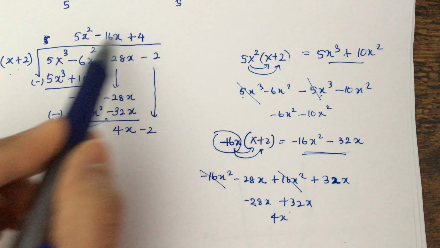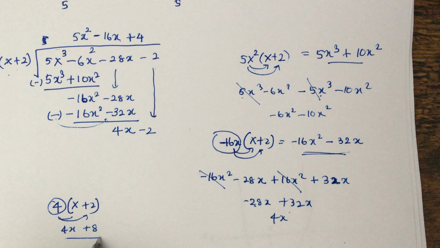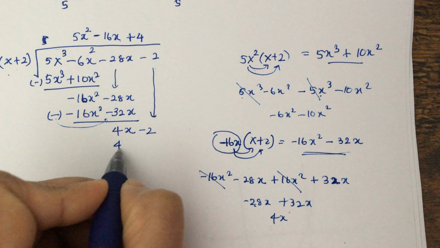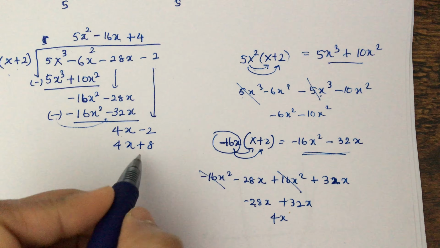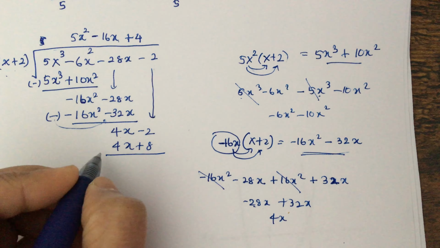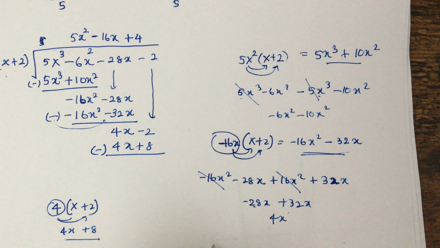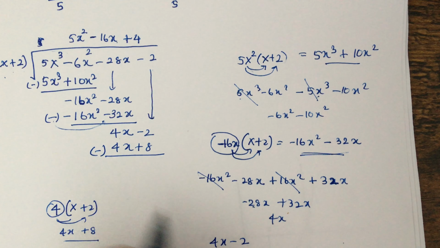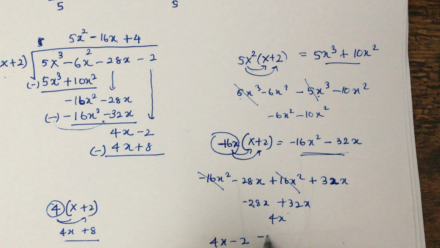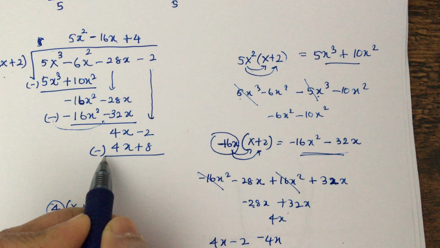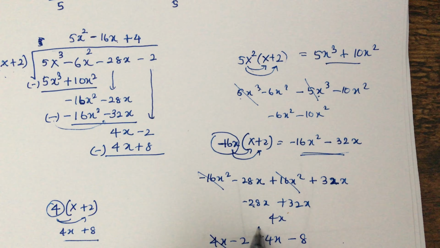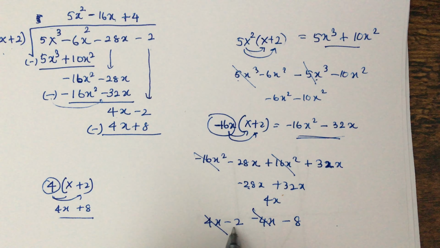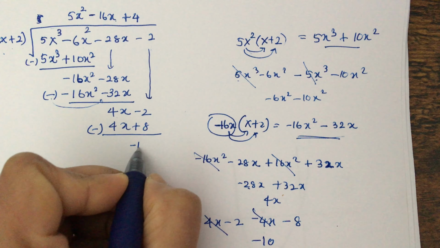So 4 times x plus 2 gives you 4x plus 8. So you are going to write 4x plus 8 over here. And again do the subtraction. Subtract 4x minus 2, subtract this one, and negative 8. So simplify this one, and you have negative 2 minus 8 is negative 10. So the remainder is now negative 10.